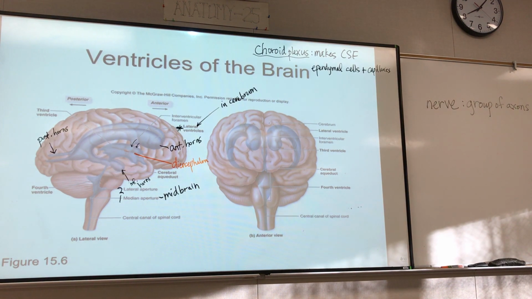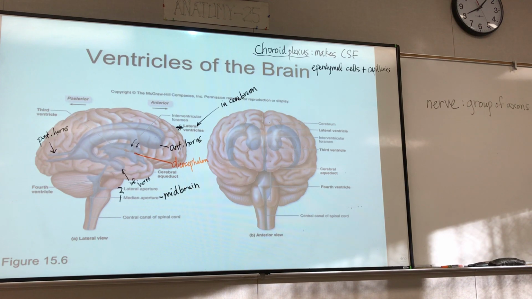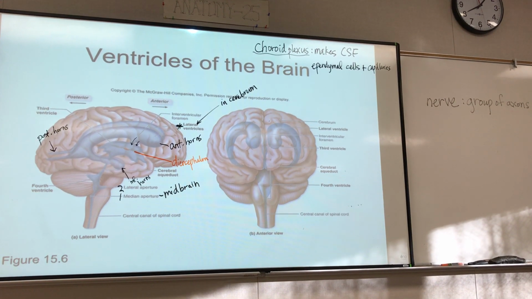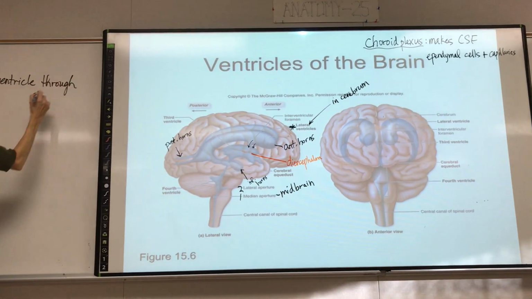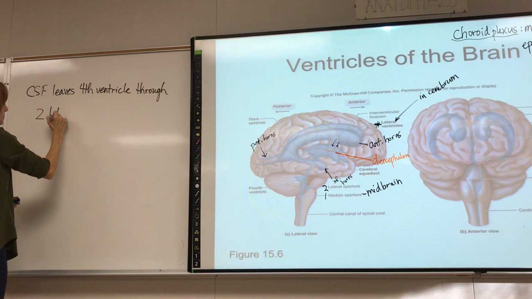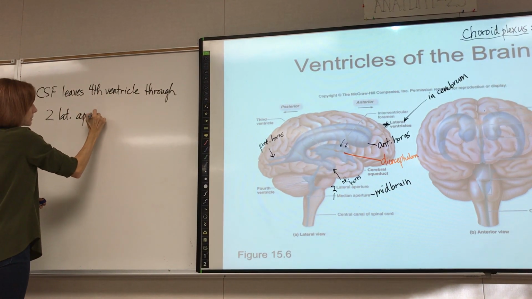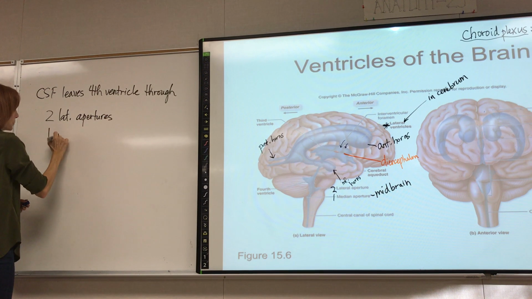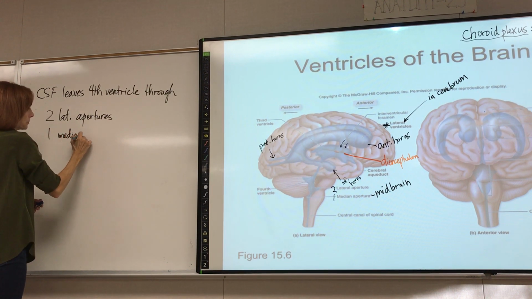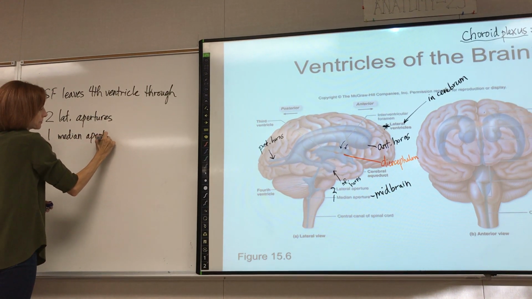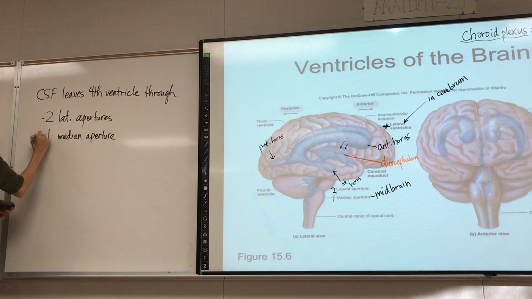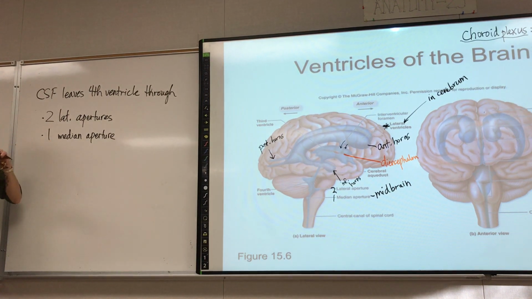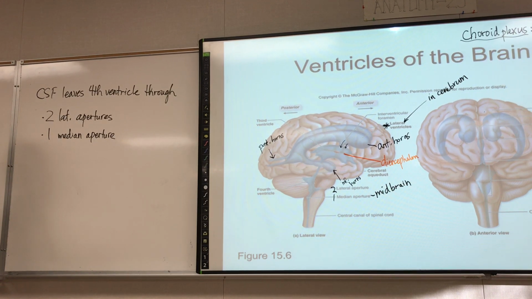So the CSF leaves the fourth ventricle through the 2 lateral apertures and 1 median aperture. I think that the reason they don't call these foramina is so that you don't get them confused with the interventricular foramina, okay?